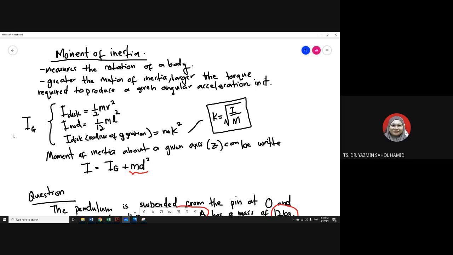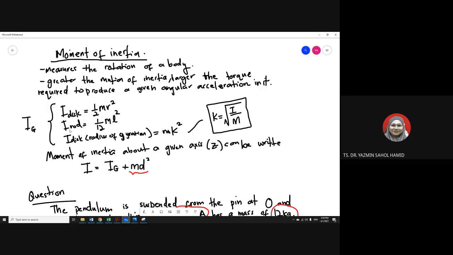Kalau nak mudah lah. Okey, so lagi besar value I tu, lagi besar torque yang require, maksudnya lagi besar tenaga yang diperlukan, lagi besar angular acceleration yang diperlukan untuk bagi dia bergerak, something like that lah. Okay, alright. Now, as I mentioned, moment of inertia I untuk disc adalah 1/2 mr squared.